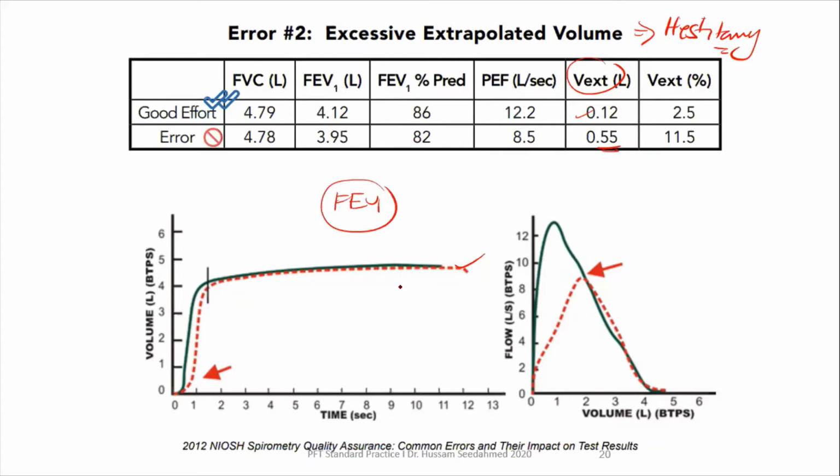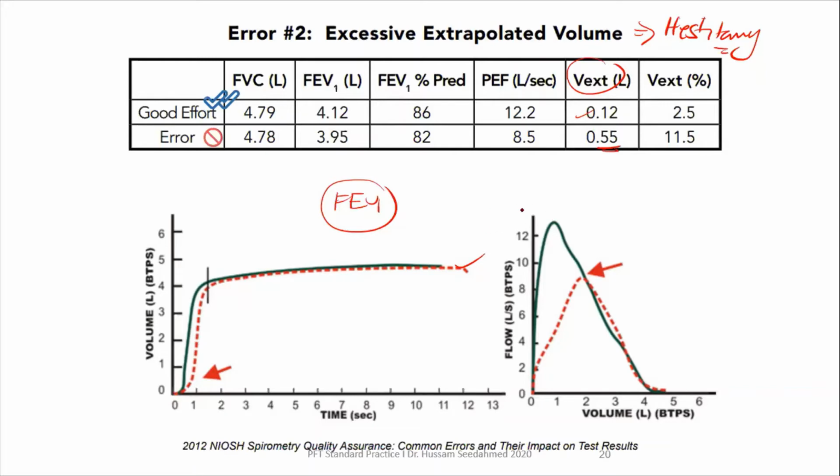How can I identify it? Usually hesitation is early. So the patient will hesitate first and then he will start to blow until reaching his FVC. That is why the FVC is not affected, but the affected one is the FEV1. It can elevate or decrease my FEV1, and this will affect the ratio.